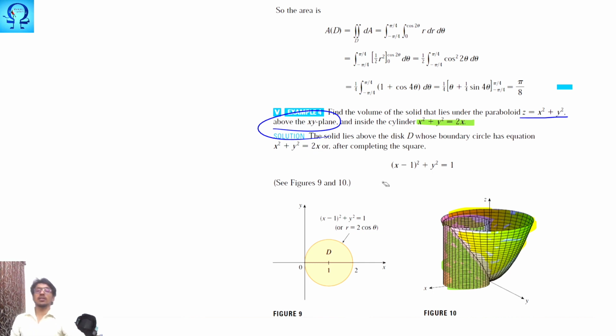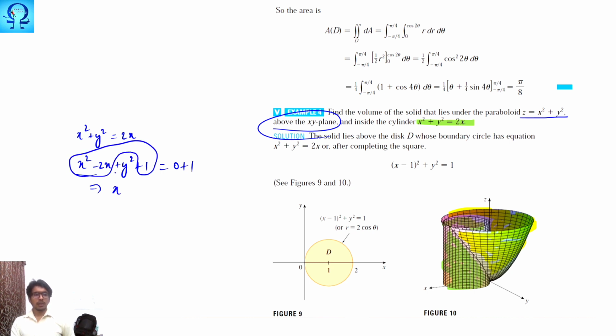So the region covered by these things is some solid, and the volume of the solid is what we have to find. We are given that x squared plus y squared equals 2x. We just bring this 2x to this side. Now we add 1 on both sides so that the equation remains unaltered.